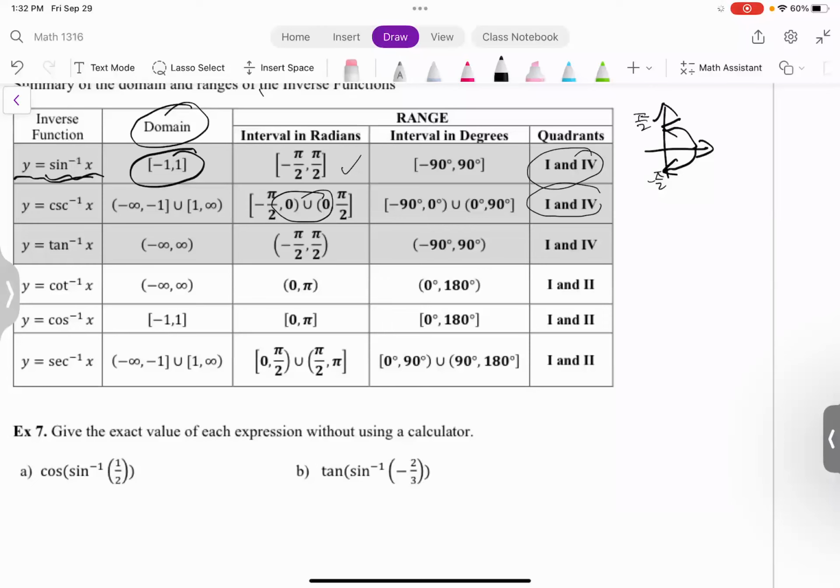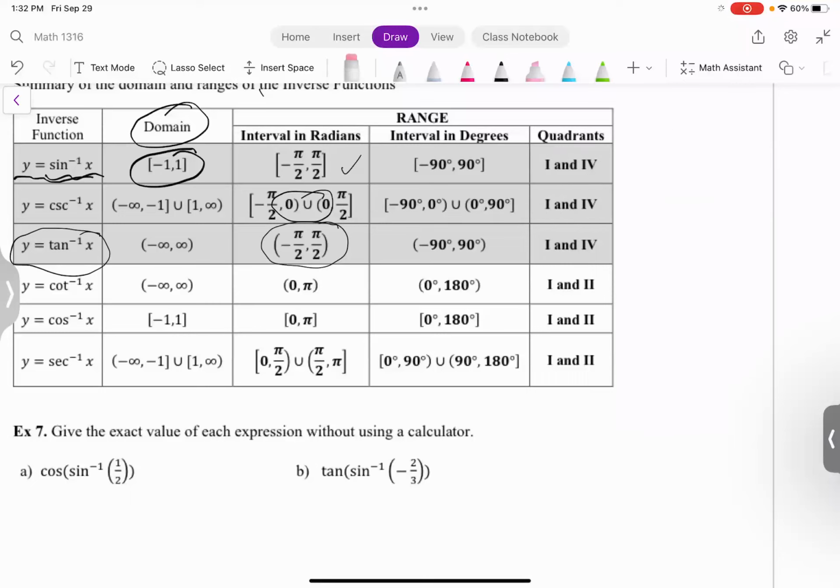How about tangent? The inverse of tangent. The domain of the inverse function is from -infinity to infinity, because that's the y value of the tangent. And the interval is between -pi over 2 and pi over 2. This is a conclusion.